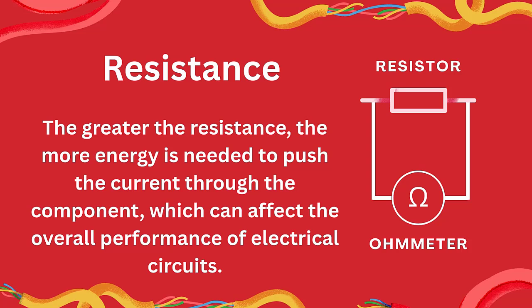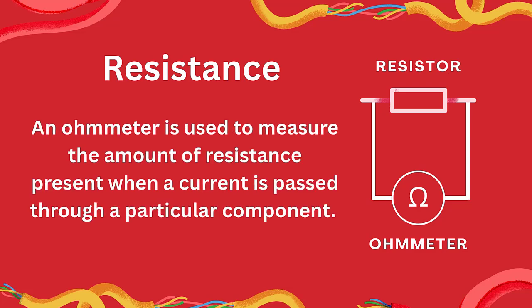The greater the resistance, the more energy is needed to push the current through the component, which can affect the overall performance of electrical circuits. An ohmmeter is used to measure the amount of resistance present when a current is passed through the particular component.